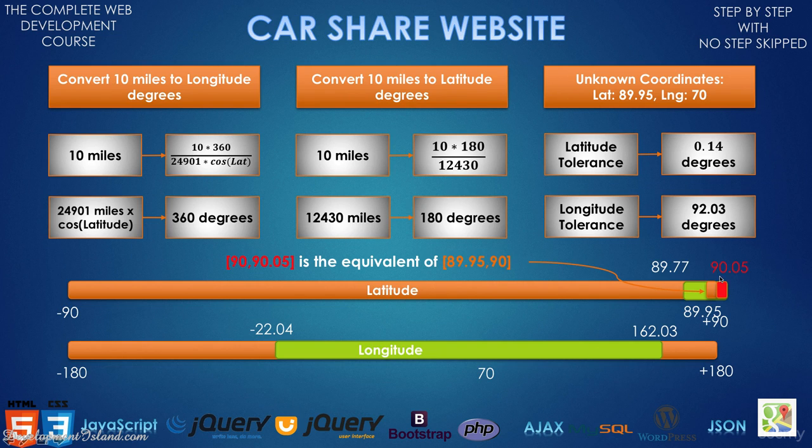So this is going to be the same as this, because if we go from 89.95 to 90, it's still within that interval. So instead of saying between that and that, we're just going to say it's going to be between that and the maximum, which is 90. All right. So hopefully this is clear.